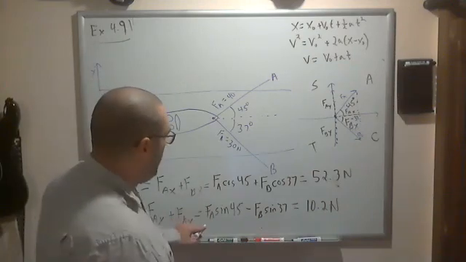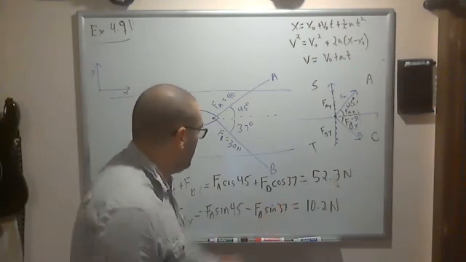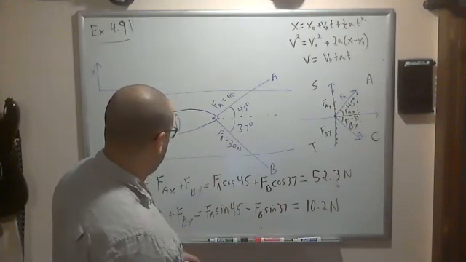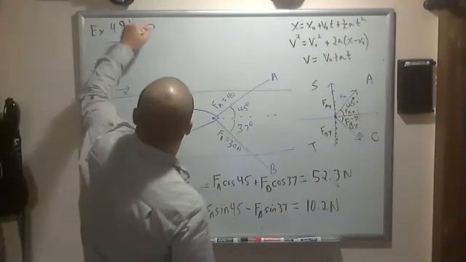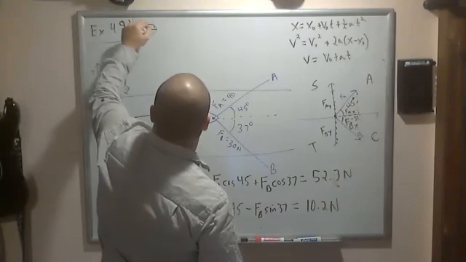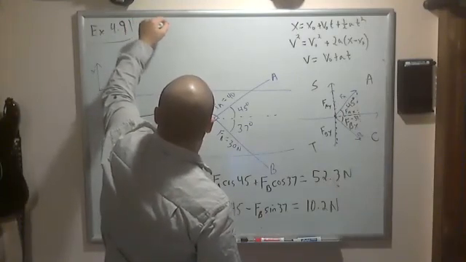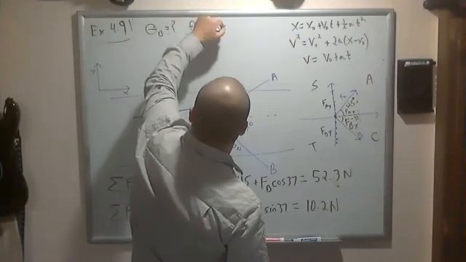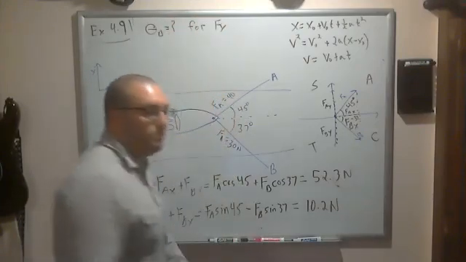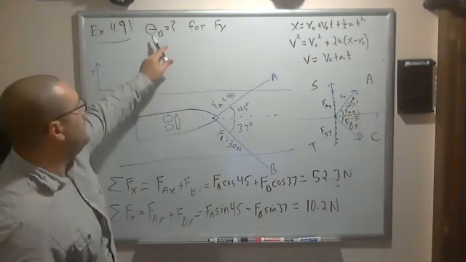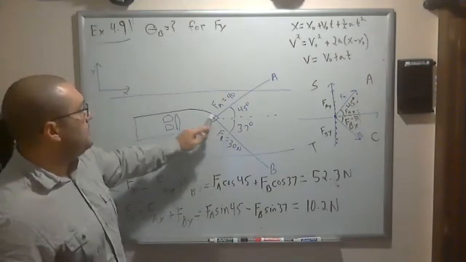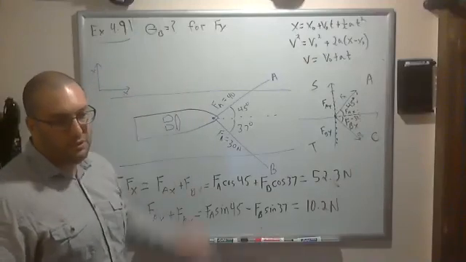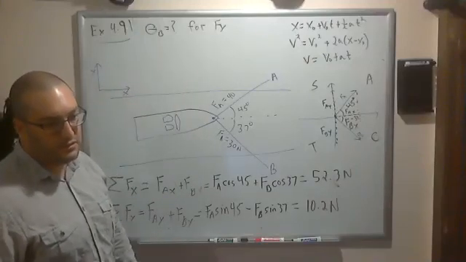Well, then all we have to do is set this force. So what angle does this have to be to make this 0? We'll call that theta B for Fy to be 0. And how would we do this? So if we want to find the angle at which the force in the y direction is 0, how would we do that? Anybody?